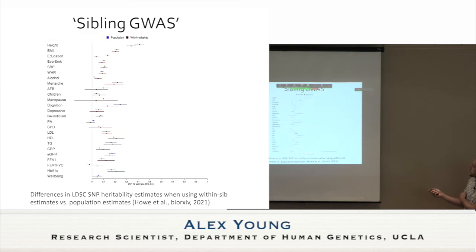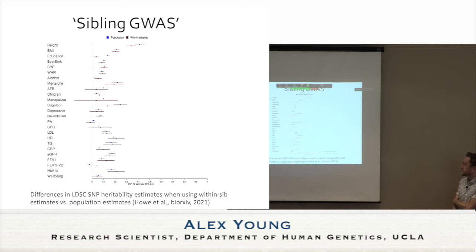Then there's also this. They used LD score regression to estimate SNP heritability using the direct effects estimated from the sibling difference, and compared this to estimating SNP heritability using the standard GWAS coefficient from the same sample. I'll have more to say about variance components and heritability later, but just pointing out here, you get very different estimates for education and for height using the within-family coefficients versus the standard GWAS coefficients.